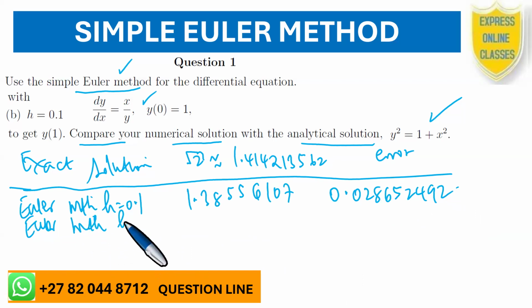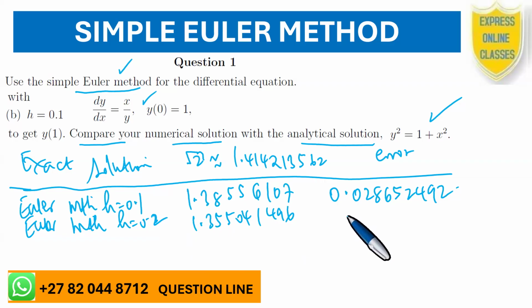We did first the Euler method with h equals 0.2 and we got 1.35 504 1496. And the error we got for the one with h equal to 0.2 was 0.05 91 72 066.